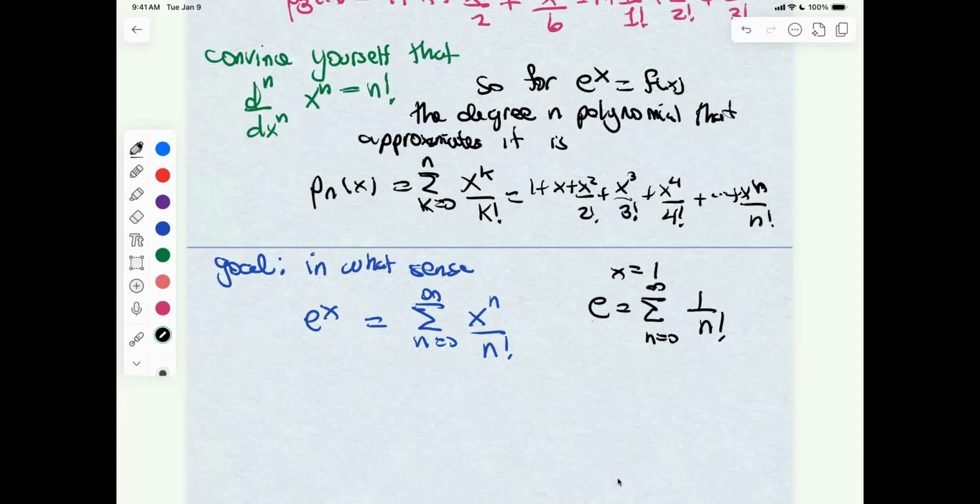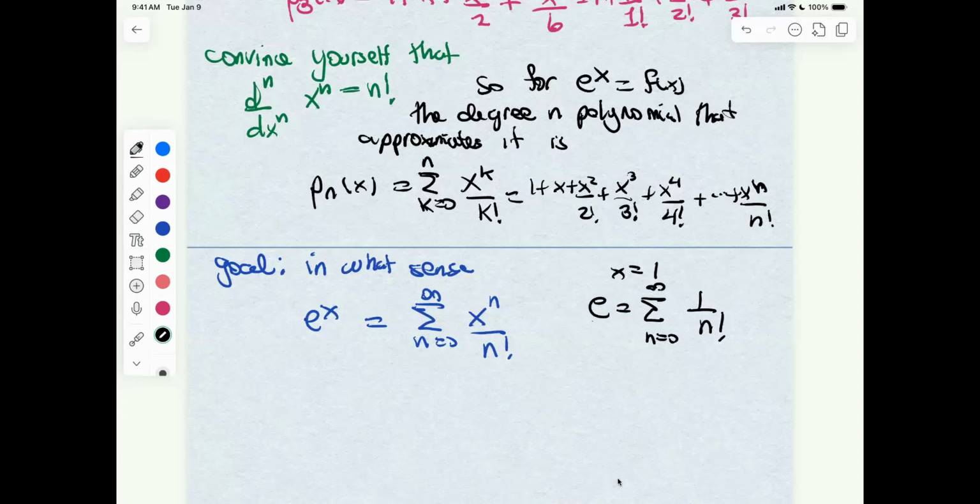Then the fourth derivative of x to the 4 is 4 factorial, right? And then the nth derivative is just going to be n factorial. Because you see, every time it drops down an exponent, so you're multiplying. Yeah, exactly. Correct.